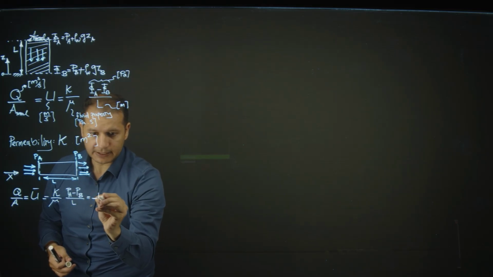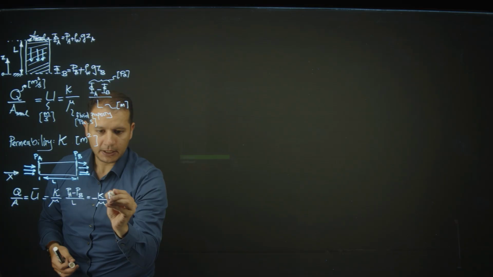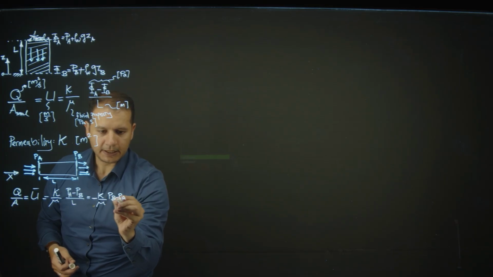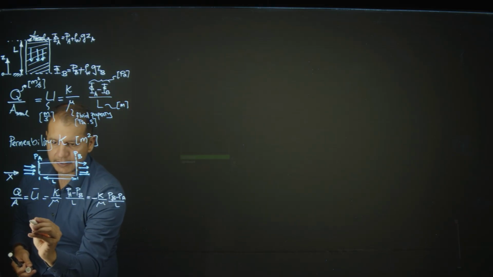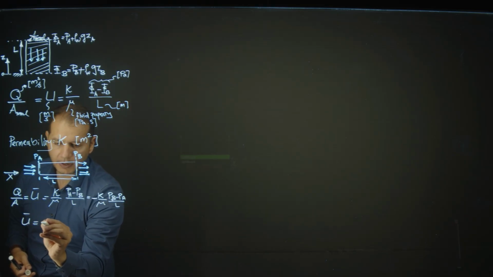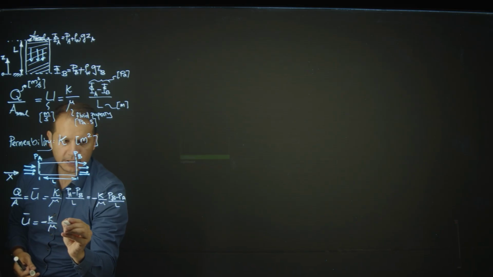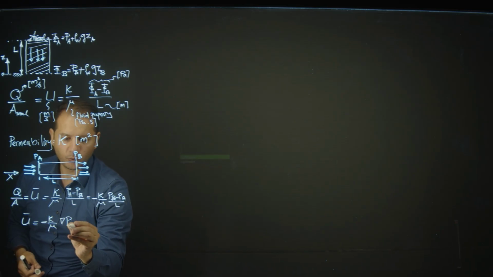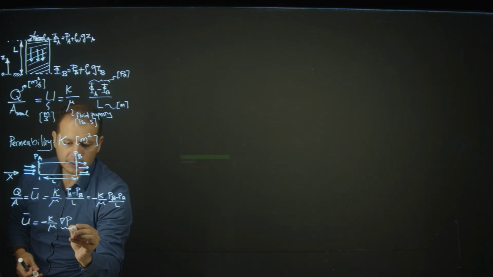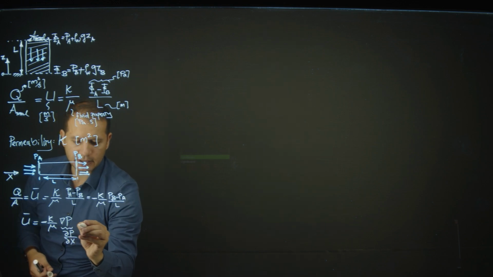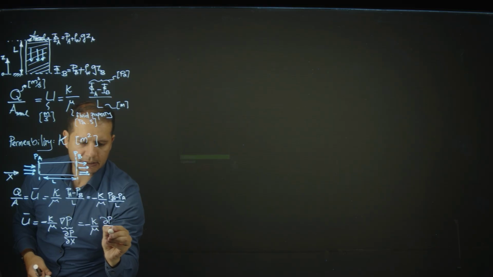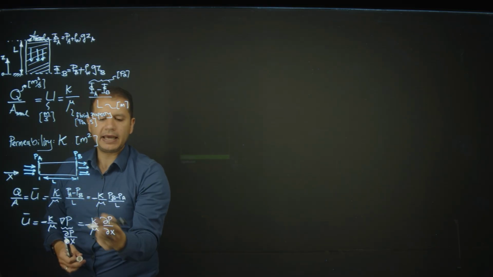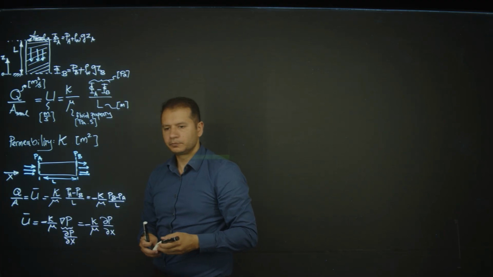So that leads to minus K over viscosity, PB minus PA over L. And in the limit of a small L, U will be minus K over viscosity times the gradient of pressure. For the 1D case, this is dP dx. In this case of 1D, I can write it as minus K over viscosity dP dx, or PB minus PA over L in this linear system.